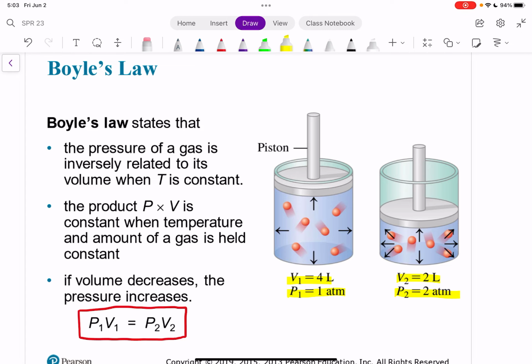Similar to M1V1 equals M2V2, our dilution equation, you're going to pick which one's your initial and which one's your final, and those will correspond to your 1s and 2s.